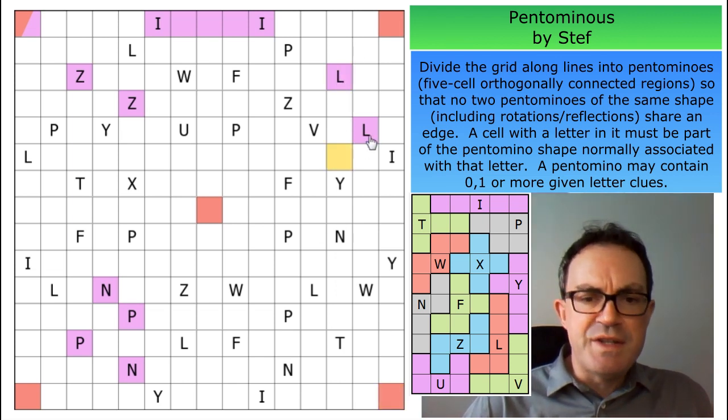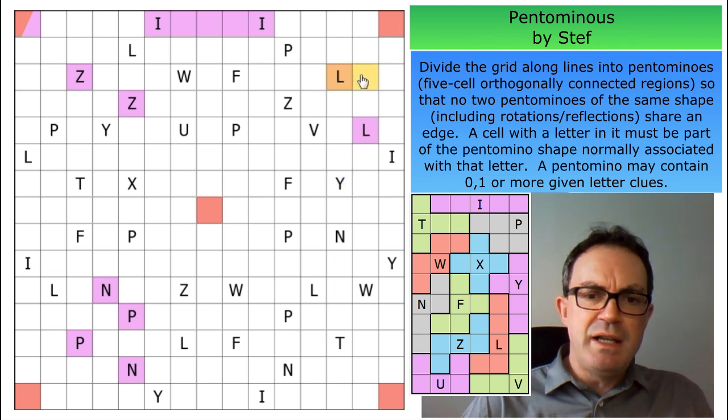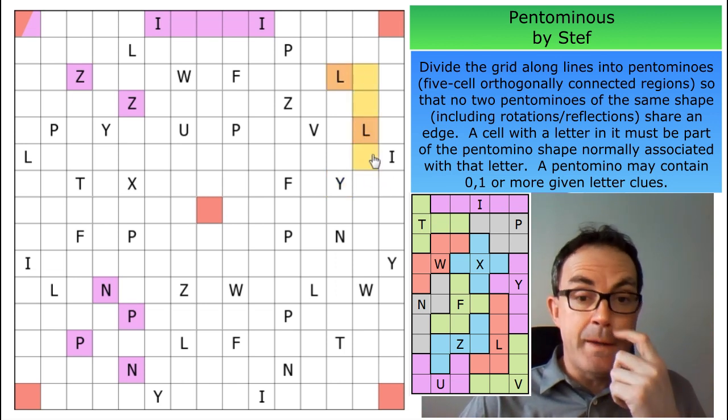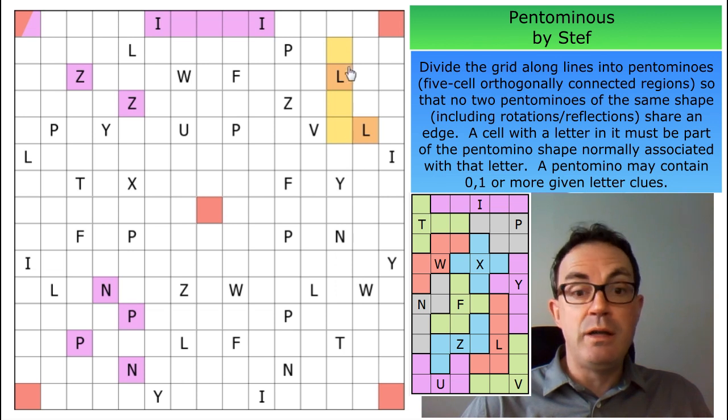So let's think about these L's then. What's this telling us? It's telling us it either looks like that, that's one orientation, where it's sort of a backward R, or it's looking like that, and it looks more naturally like an L.